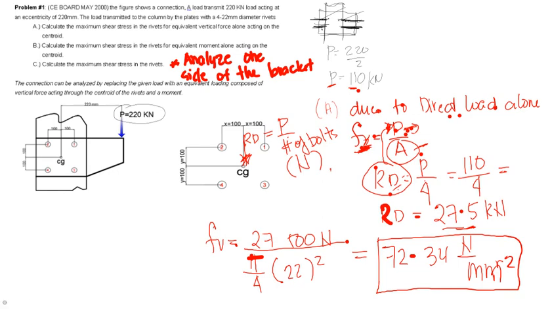So, for letter B, it says that we have to calculate the maximum shear stress in the rivet for the equivalent moment alone. So, moment alone. We will not consider the direct load.